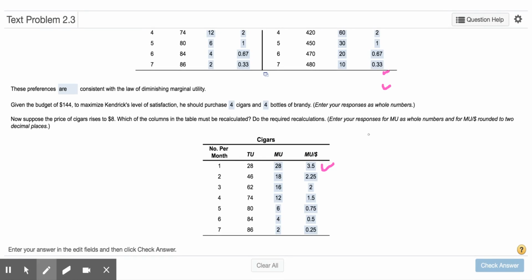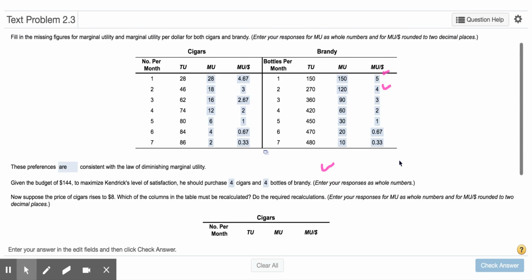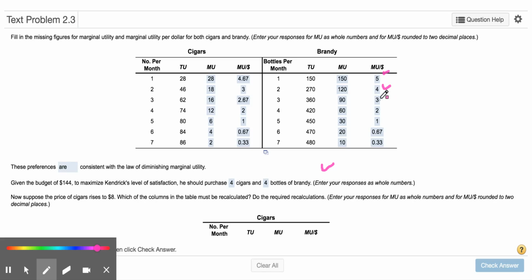You don't want to go over it. So we're still within the budget constraint. Should he consume the second unit of brandy, we give him 2.25. But if he buys the third unit of brandy, we give him 3 per dollar. So of course he should buy brandy.